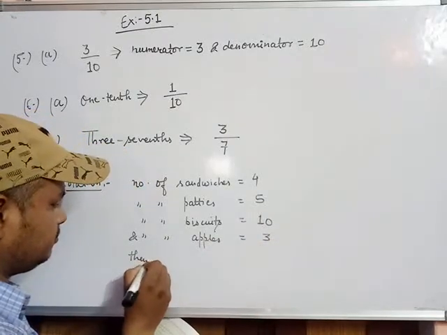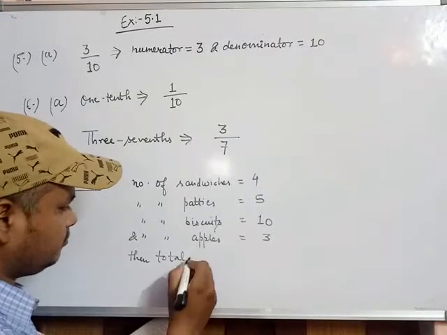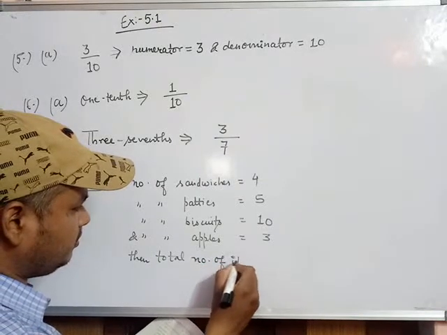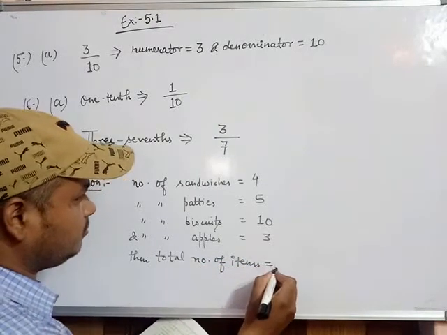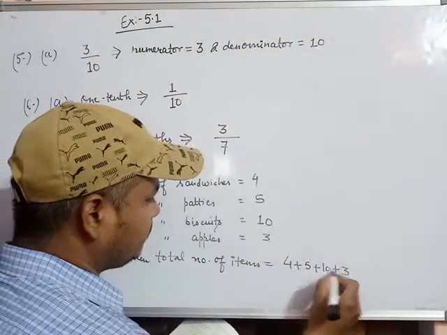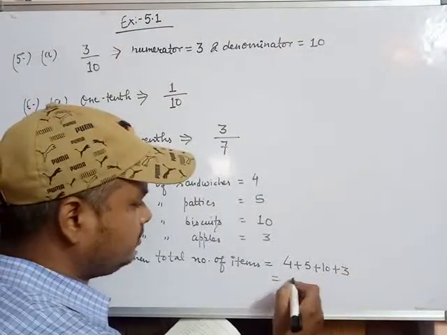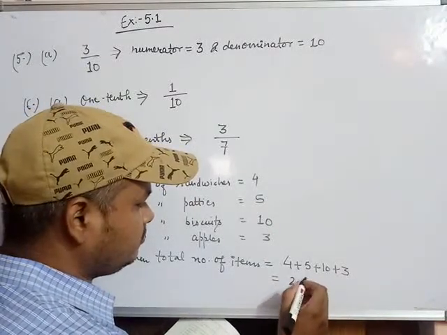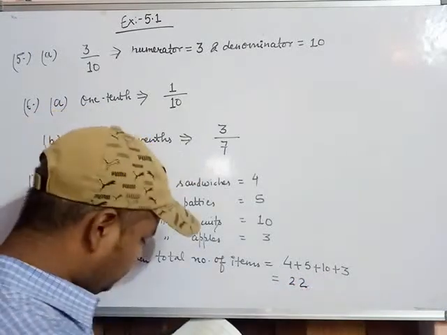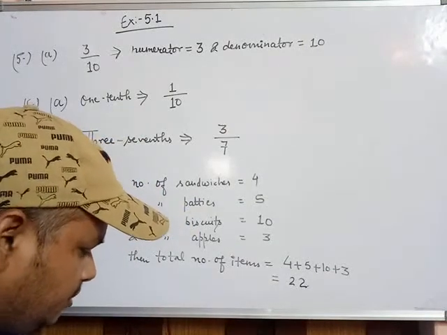Then total number of items is equal to 4 plus 5 plus 10 plus 3, that is 4, 5, 9, 9, 10, 19, plus 3, 22. Now you have to find the fraction of total number.